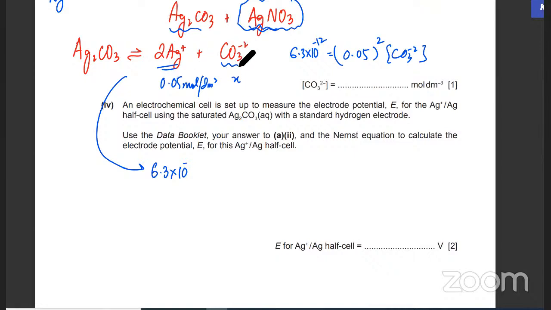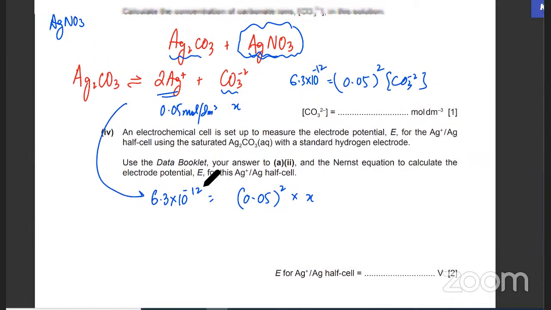So you're just going to measure carbonate ions. KSP is 10 power minus 12. That was silver ion concentration squared, 0.05 squared into X, and you're going to find the value of X. Is that clear? Yes, sir.